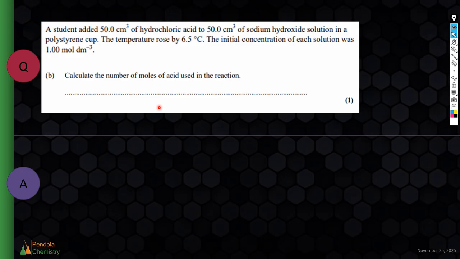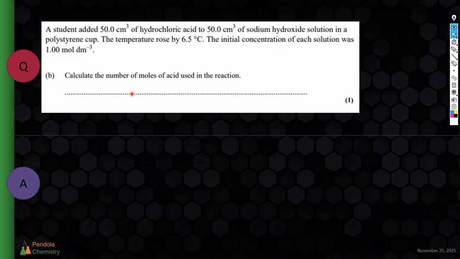So a lot of the time, questions in the AICE exam will look like this, where they don't directly ask you for delta H. They're going to walk you step by step through the whole process. So here, they ask us to calculate the number of moles of acid used in the reaction. Why does this make sense?